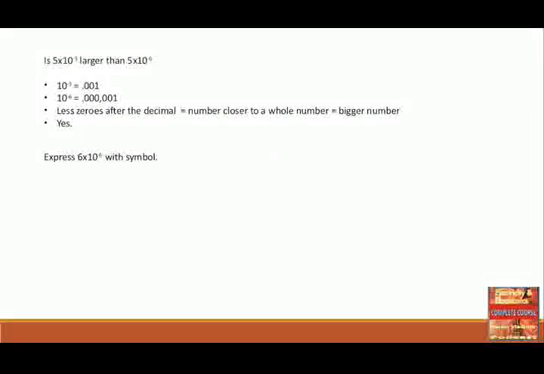Is 5 times 10 to the negative 3 power larger than 5 times 10 to the negative 6 power? 10 to the negative 3 power equals 0.001 when you put that into a calculator, and 10 to the negative 6th power equals 0.000001.